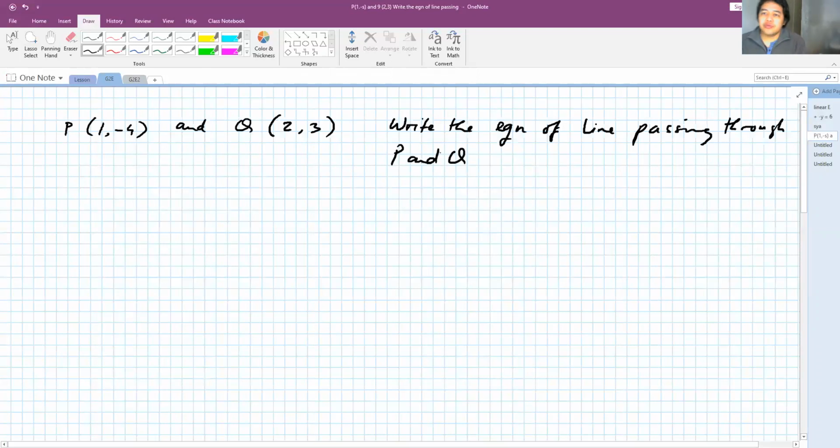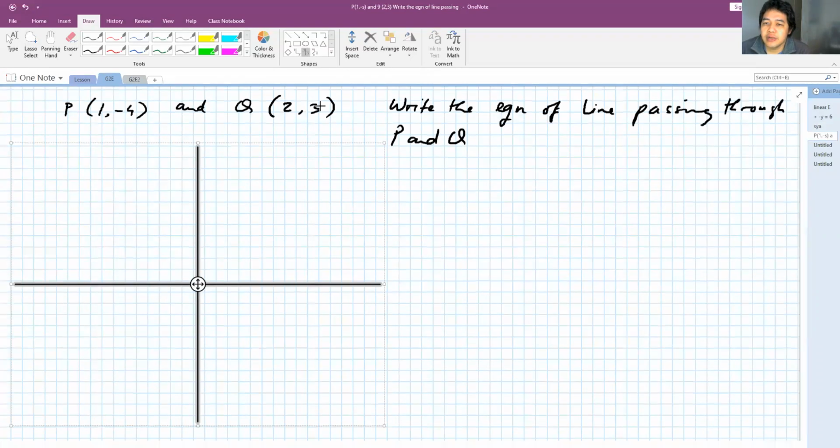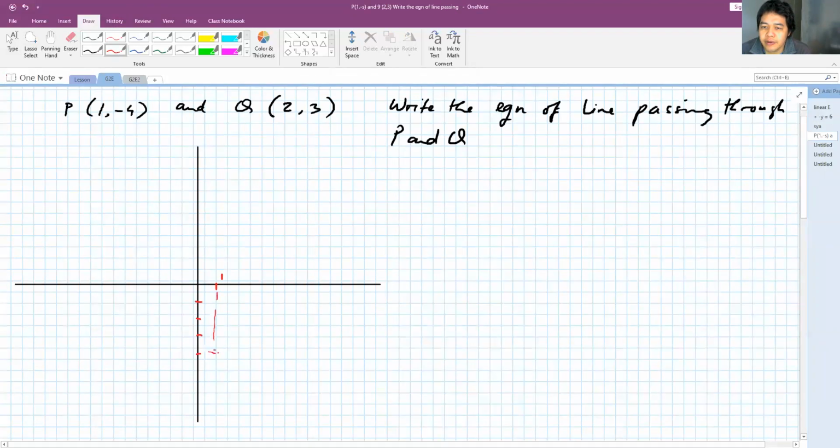Right. So, okay, if you try to plot these two points on the Cartesian plane, the first point here, P, is located here. So this is 1, and then -1, -2, -3, -4. Therefore, this is where P is located.